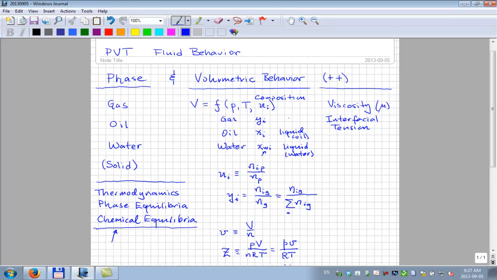Sometimes that's referred to as surface tension. The symbol for that is sigma. Often you'll see it referred to as IFT, interfacial tension. But it may be called surface tension as well.